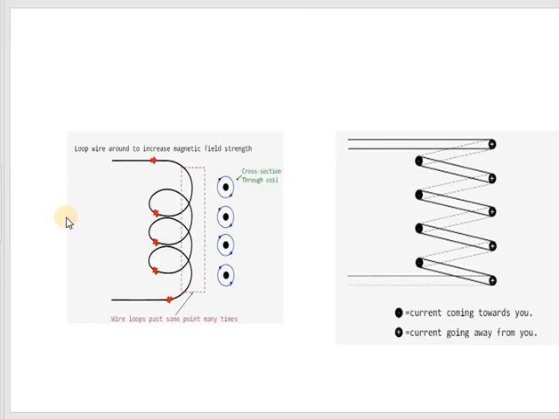The lines of the magnetic field run through the coil, spread out from one end, and go around the outside to the other end. So you get a magnetic field around the coil.